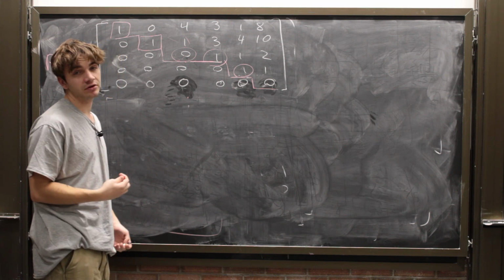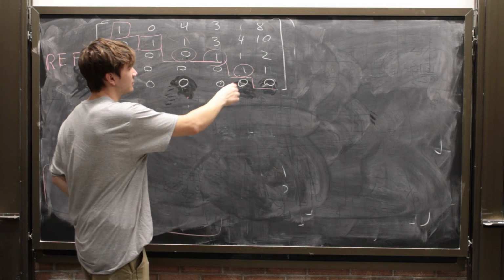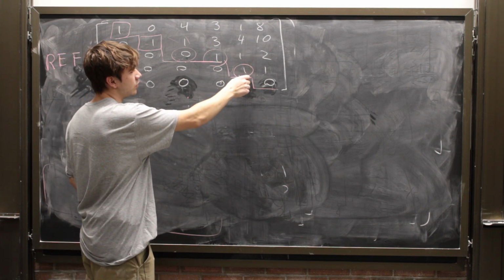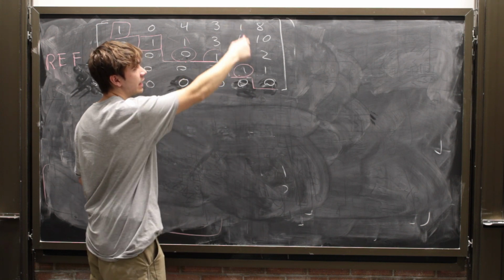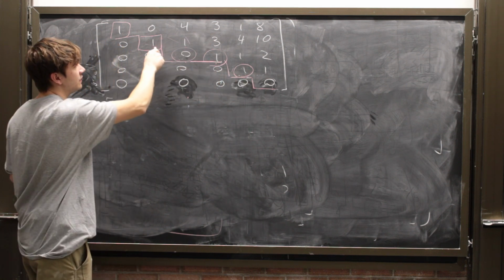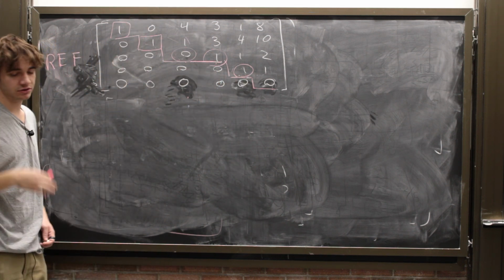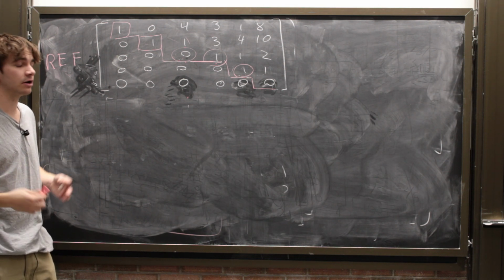So they're kind of pivotal in that sense, right? I don't actually know why they're called pivots, but that's what I think of. So this 1 is one of my pivots, okay? And I can use it to destroy everything above it. Similarly, this one I'm going to destroy everything above it, and this one I'm going to destroy everything above it. Destroy everything above it means make all the numbers above it 0.